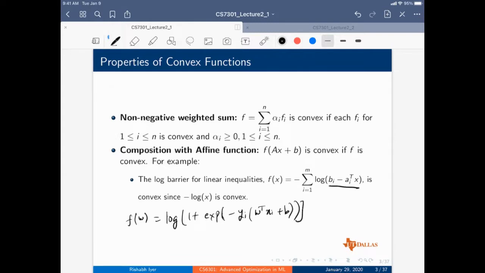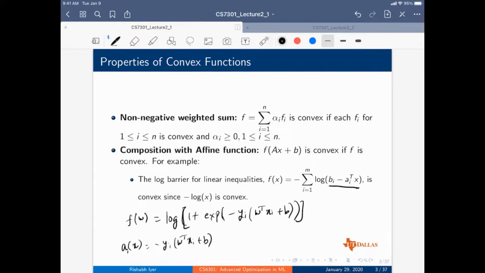So can someone tell me what this function is? Logistic loss, right? Exactly. So this is the logistic regression kind of function. Again, this is in a very similar form, because you can define an affine function a_i of x equal to minus y_i times w transpose x_i plus b.